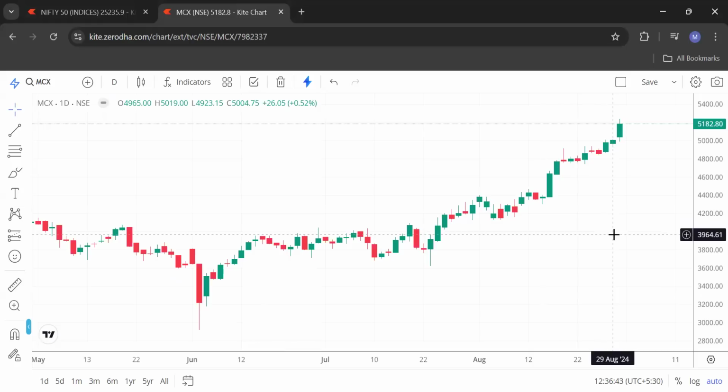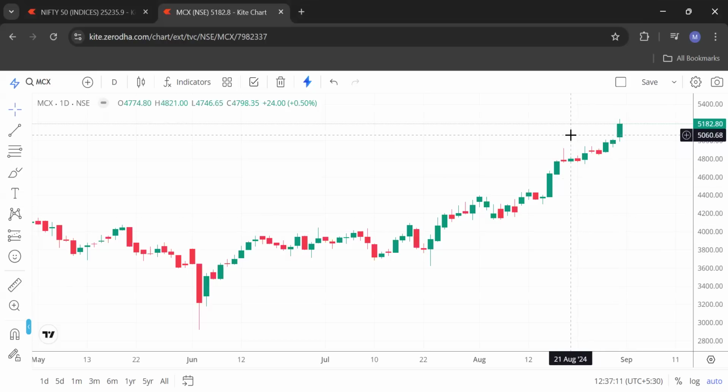What you are supposed to do is get the square root of 5004.75, which is 70.74. And now you need to get 66.66% of 70.74. So that is 47.15. Now add this 47.15 to the previous day's close, 5004.75. The answer is 5051.9.